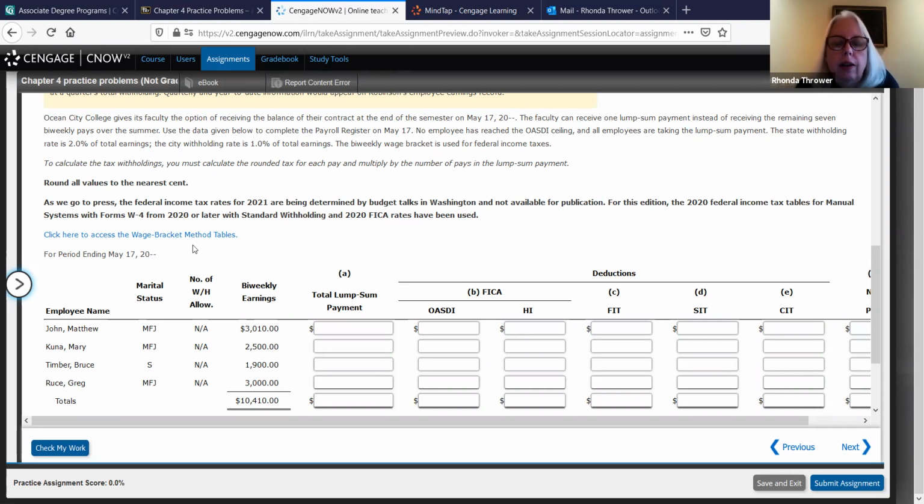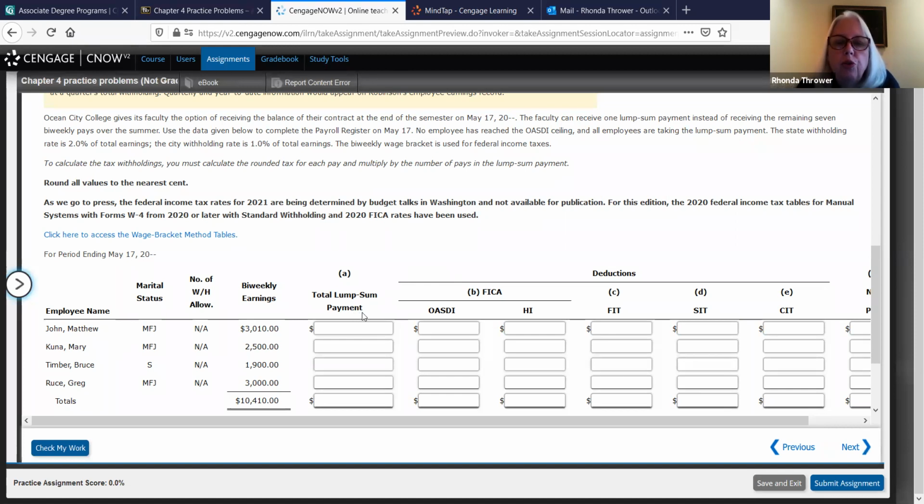Now, I created a spreadsheet to show you how to do the calculations, because they want you to withhold the taxes for the 7 pay periods.